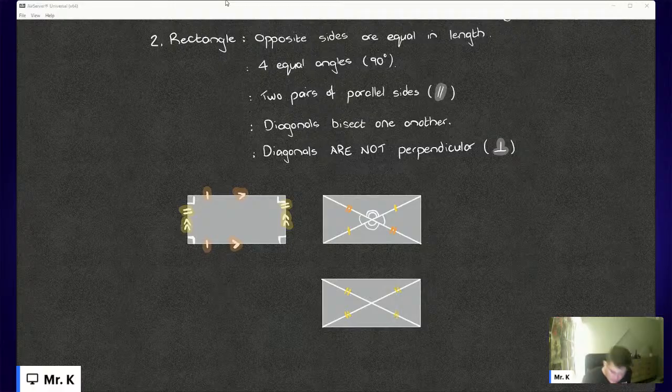What does this tell me? I now have four unique isosceles triangles, right? This rectangle is split into four triangles, each of which are isosceles.